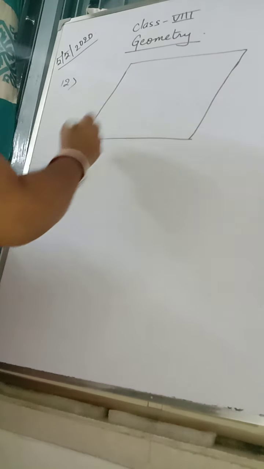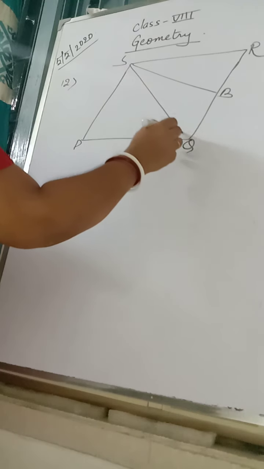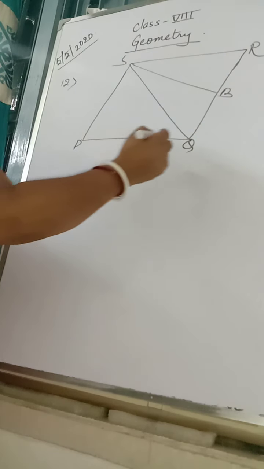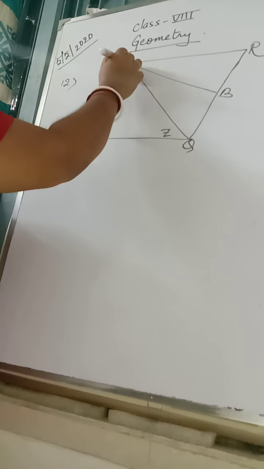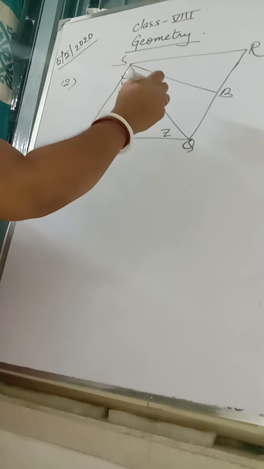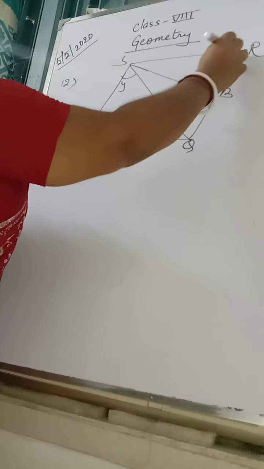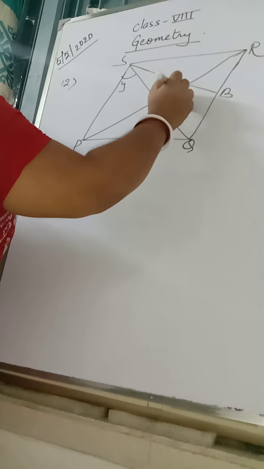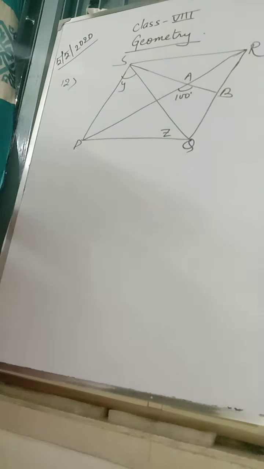P, Q, R, S. This is B. This is Z. This is Y. This is 100 degrees. This is A. And this is X. Done.